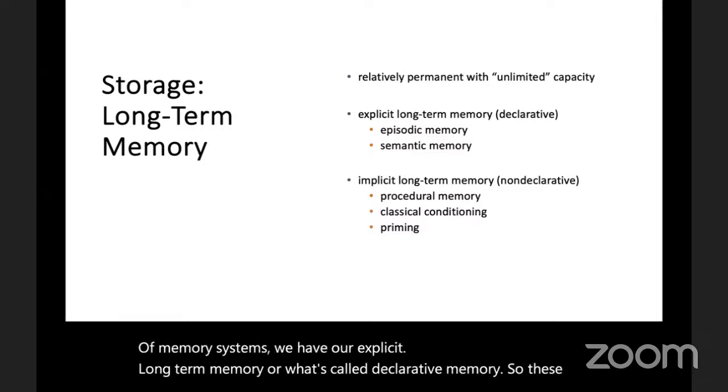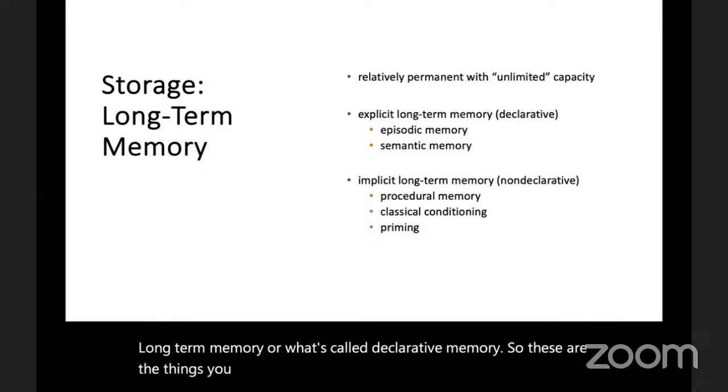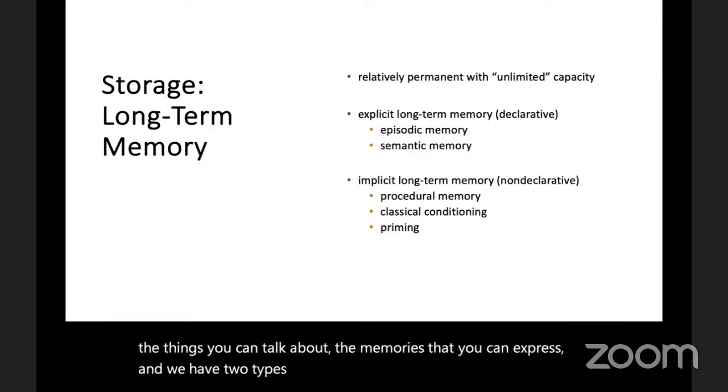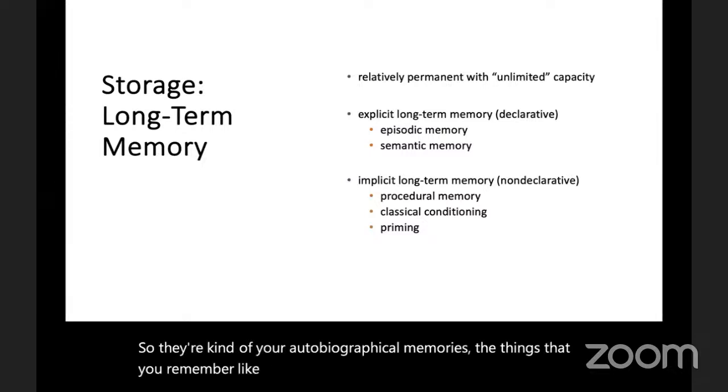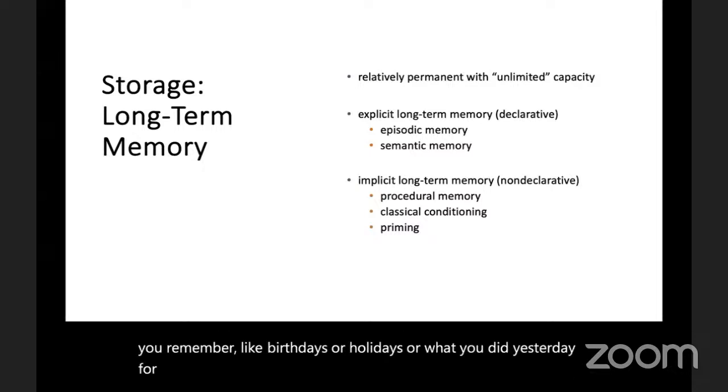These are the things you can talk about, the memories that you can express, okay? We have two types. We have episodic memories, which are memories for events. They're kind of your autobiographical memories, things that you remember, like birthdays or holidays or what you did yesterday, for that matter.